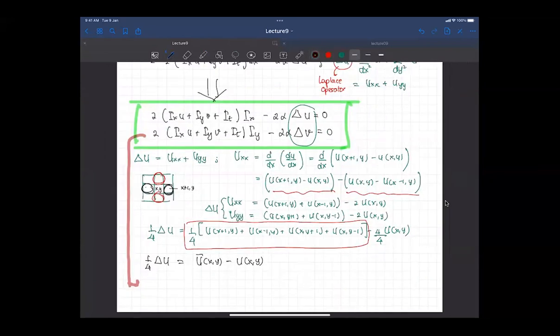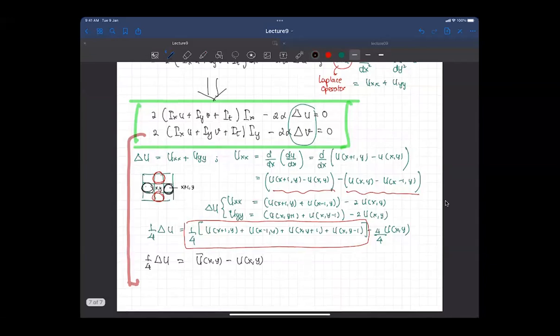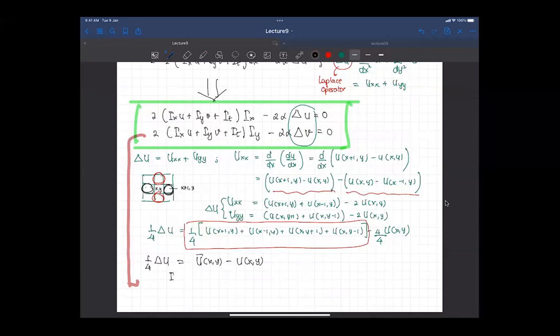So in other words, I can write down Ix u plus Iy v plus It multiplied by Ix minus alpha delta u equals to 0.